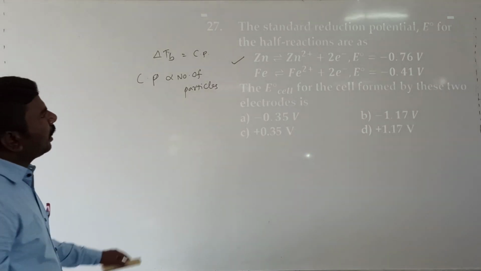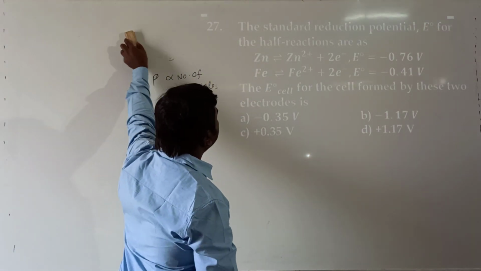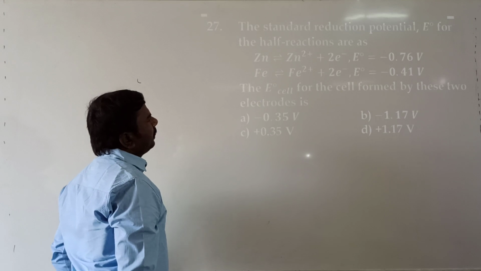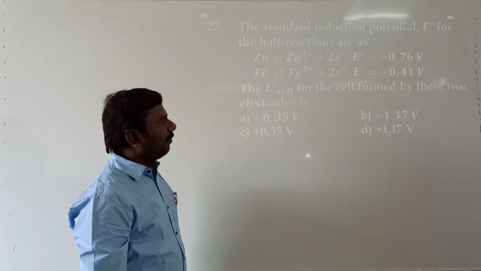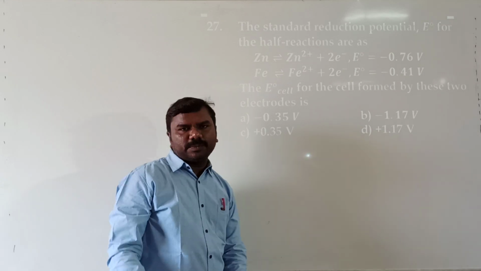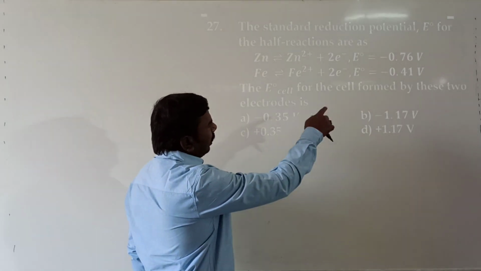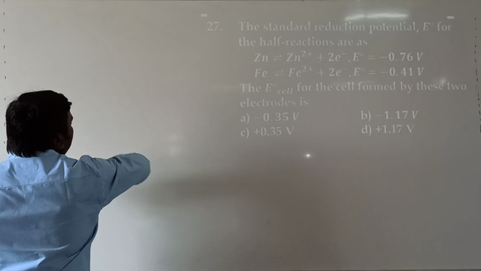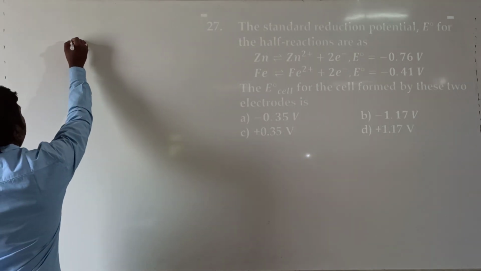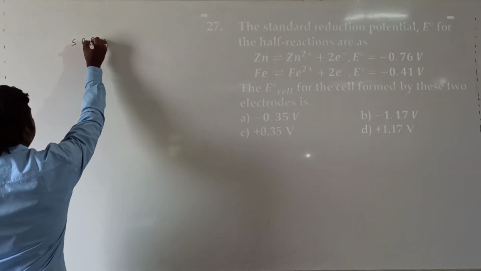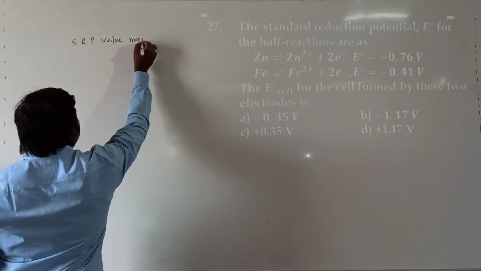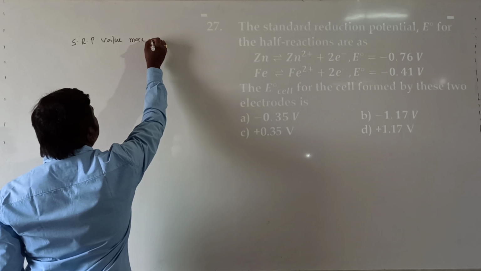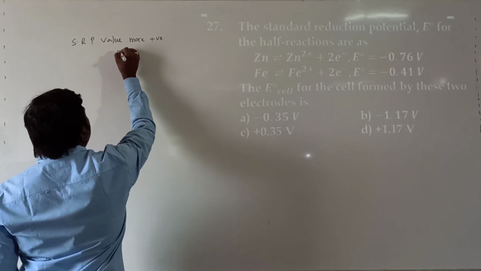The standard reduction potentials of the reactions are given for Zn and Fe. So find E0 cell for the cell formed by these two. Check it. Now, reduction SRP values: more means more positive or less negative.